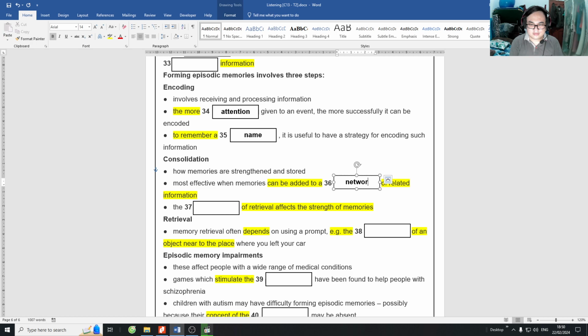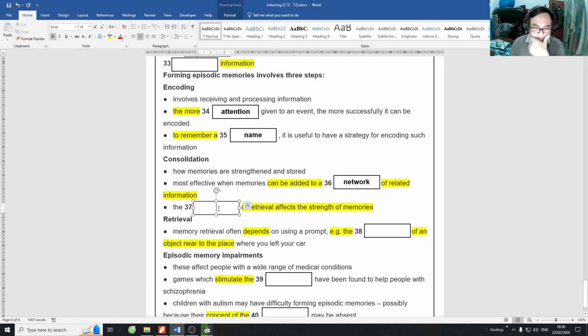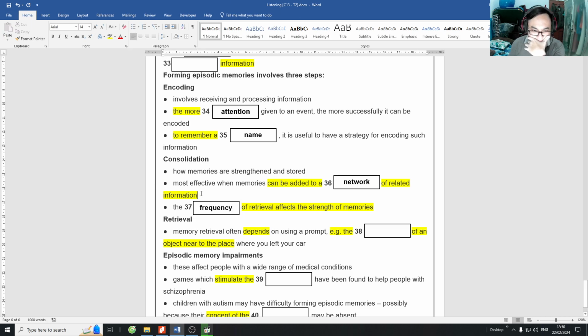Consolidation makes it possible for you to store memories for later retrieval indefinitely. Forming strong memories depends on the frequency with which you try to retrieve them. Memories can fade or become harder to retrieve if they aren't used very often.